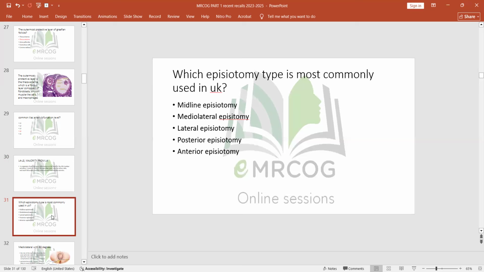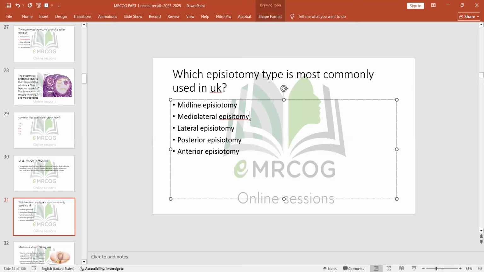And I have another question for you, because this one is really silly. Yeah, the mediolateral. Can you give me the correct angle for the mediolateral episiotomy? I got different numbers. No, according to the Royal College, it is 60 degrees.